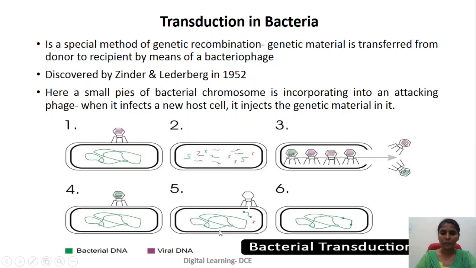At the time of replication, this bacterial DNA released from the temperate bacteriophage integrates into the bacterial DNA present inside the bacterium. Hence, the recombination of the genetic material is observed in case of transduction, which mainly takes place by means of a bacteriophage.